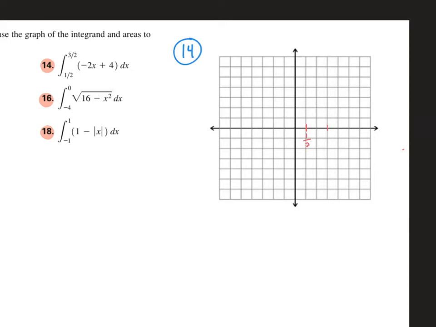And then this will be 3/2 here. All right, so we just plug those in. Plug in a half, you get -1 plus 4, which is 3. And then plug in 3/2, and you get -3 plus 4, which is 1. Okay. And then we see this is the area that we're looking for.